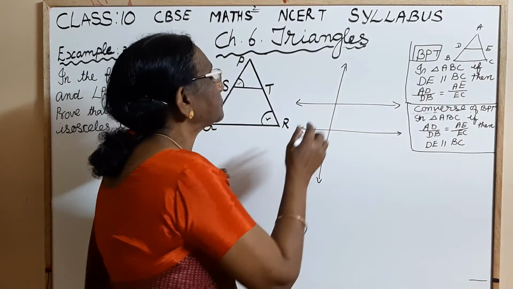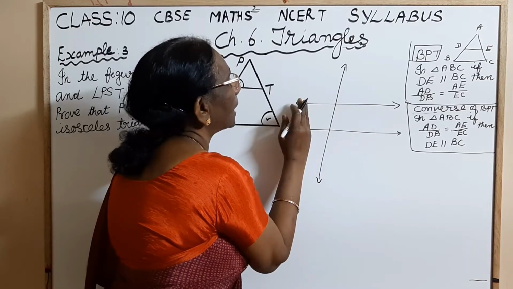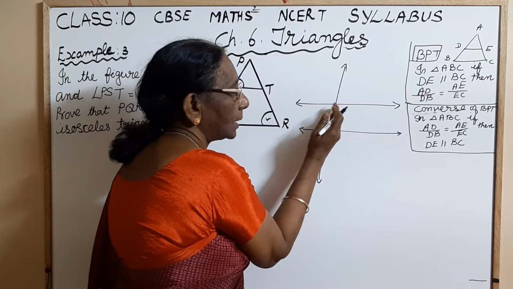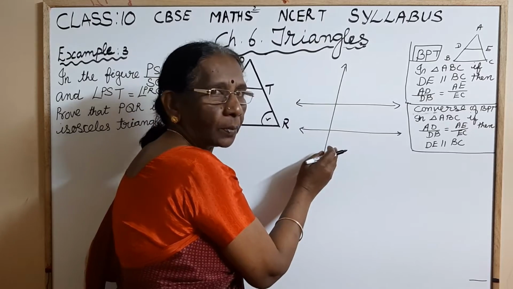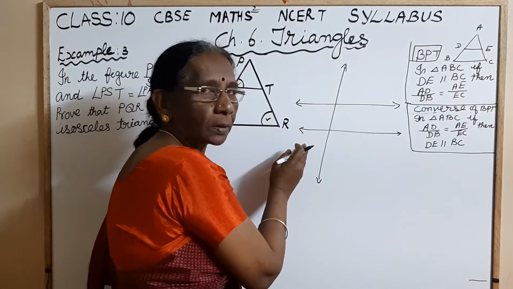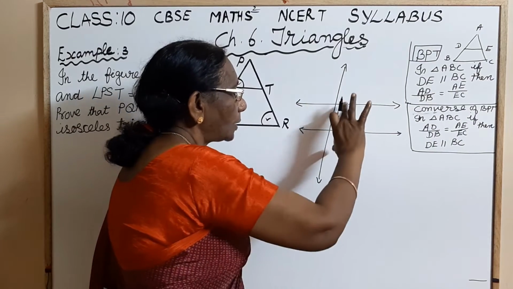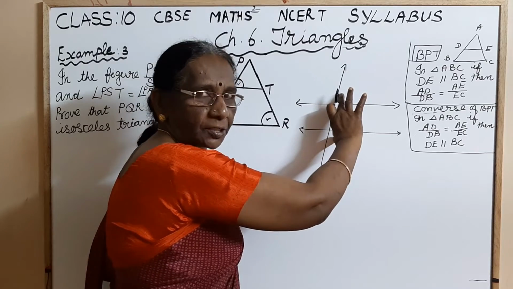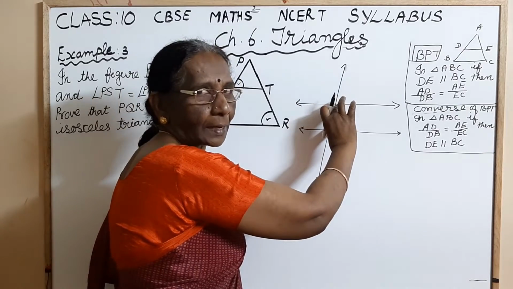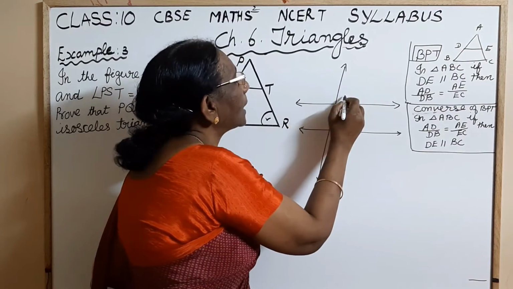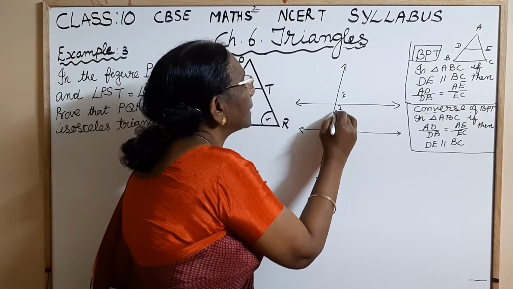Children, we have two sides: one is the left side of the transversal, the other is the right side of the transversal. 4 angles are formed on the right side, 4 angles on the left side. 2 angles are lying in the exterior of the parallel lines and 2 angles are lying in the interior of the parallel lines. So these two are called exterior angles and these two are called interior angles.